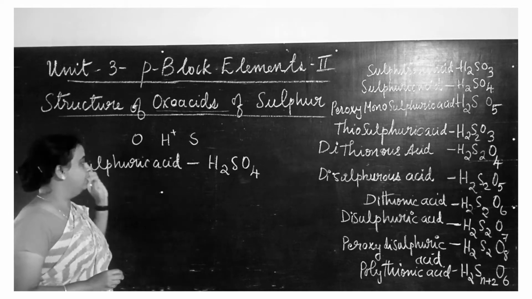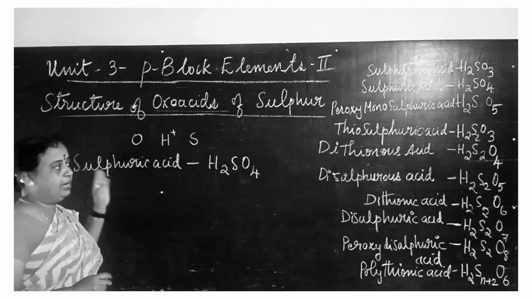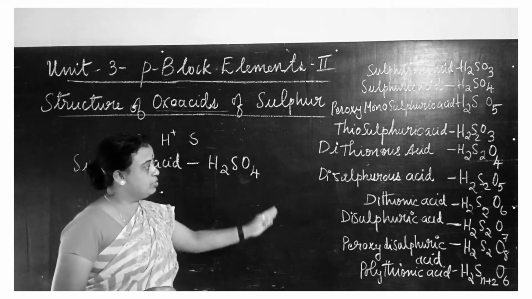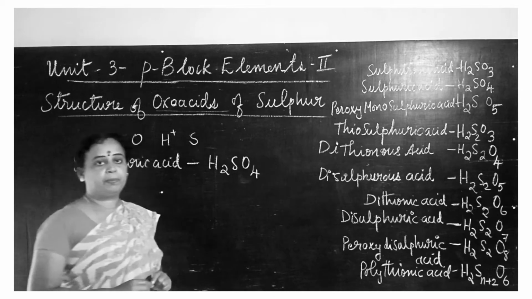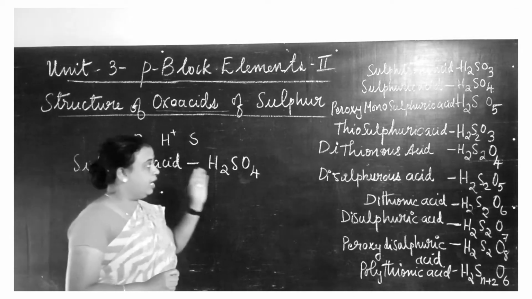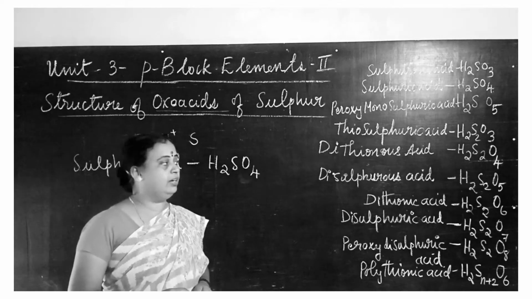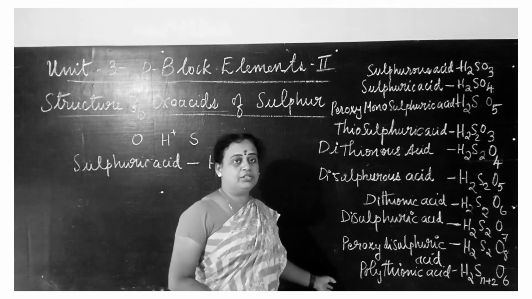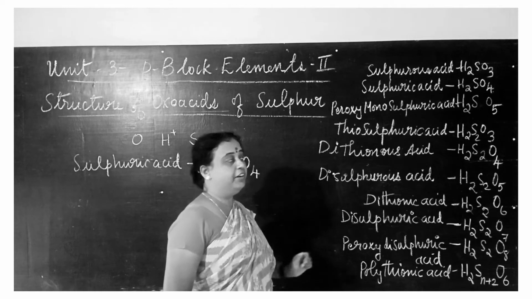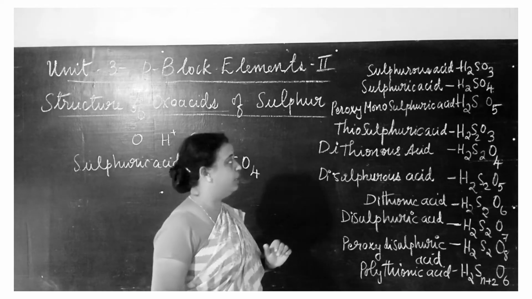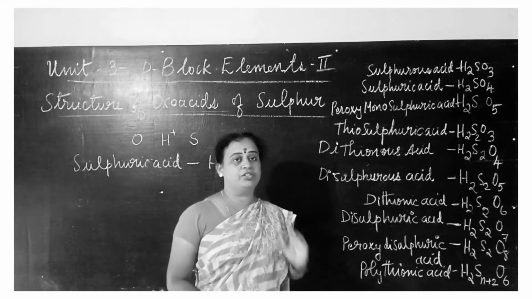From this acid, many other oxoacids of sulfur are formed. In our textbook, 10 oxoacids of sulfur are given, written in sequential order based on the sulfur and oxygen atoms.